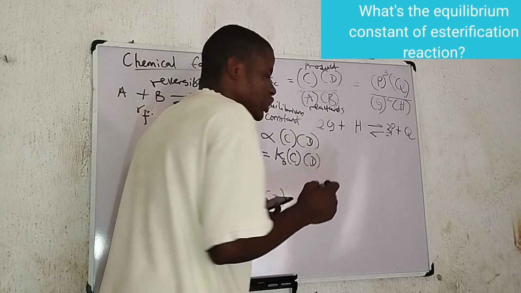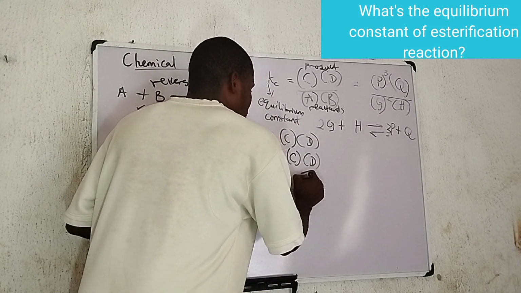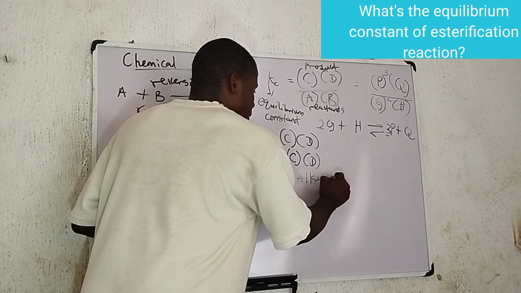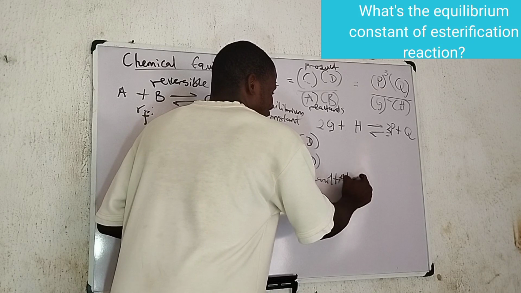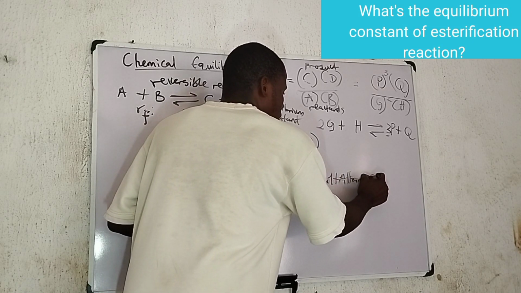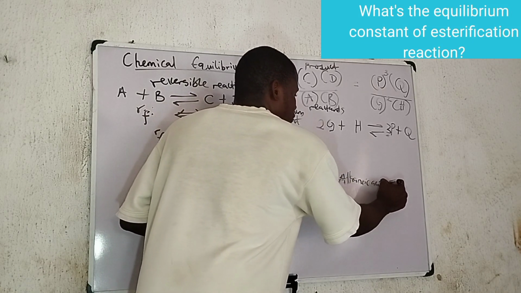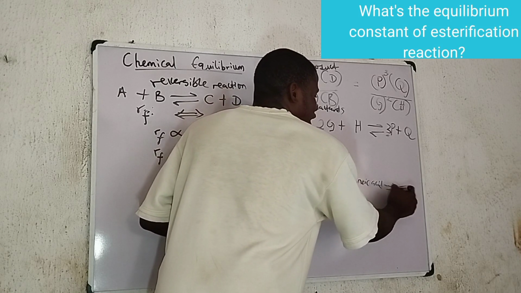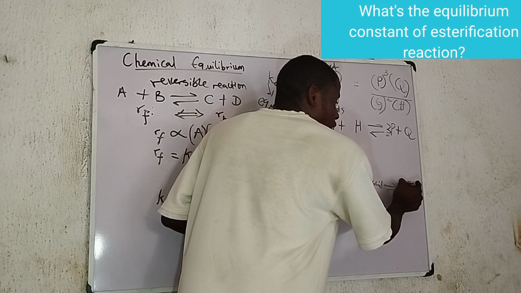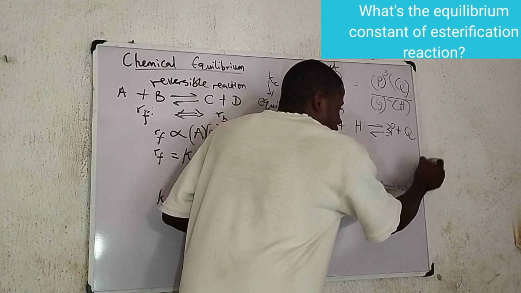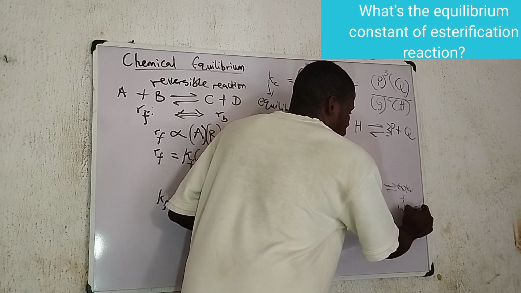I said that an esterification reaction is a reaction between an alkanol reacting with an alkanoic acid. Let's say the reaction is reversible. They'll give ester, that's alkanoate, and they equally give water.